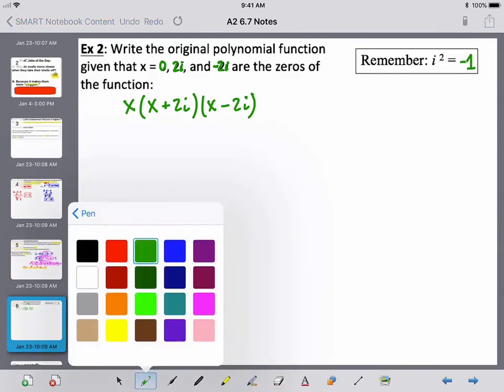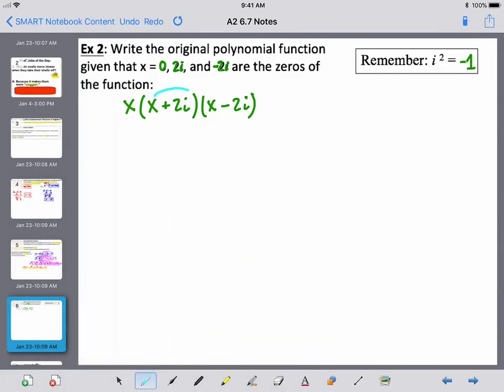First, let's FOIL out this. So x times x is x squared. X times negative 2i is minus 2ix. Positive 2i times x is plus 2ix. And then positive 2i times negative 2i is negative 4i squared.